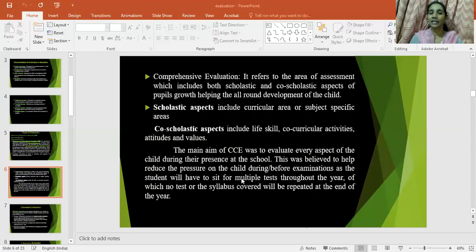Means here the students are going to give multiple tests or multiple exams throughout the one year. So they are going to reduce the pressure of the exam on the child.